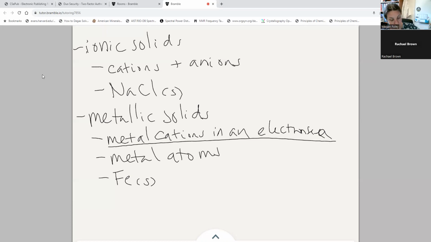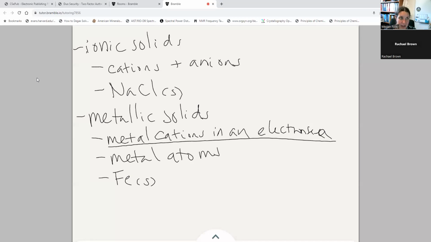There is only one liquid metal, which is mercury. But we have some really low melting metals like gallium. If you hold it in your hand, it'll melt. And then we have things like tungsten that are out at like 3,500 degrees Celsius. So a huge range of melting points here.